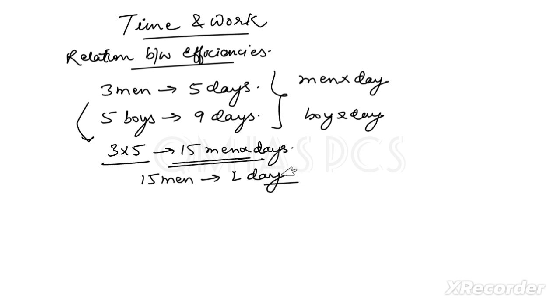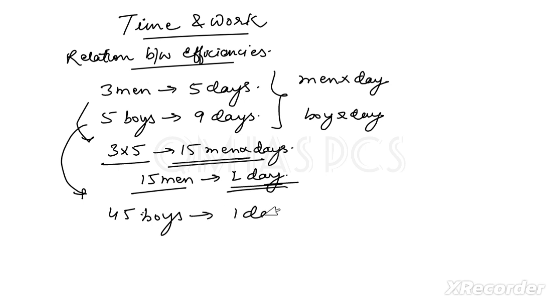The same work will be done by how many boys? We multiply 5 and 9, so it will be 45 boy-days. So 45 boys can do the same work in one day.